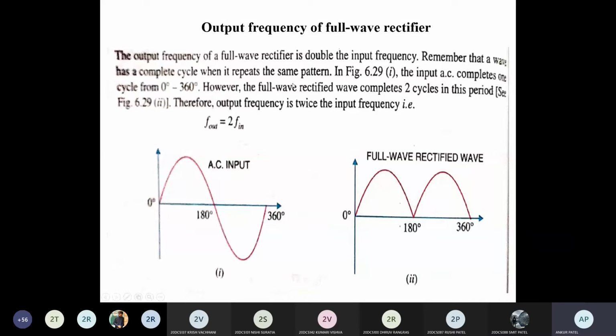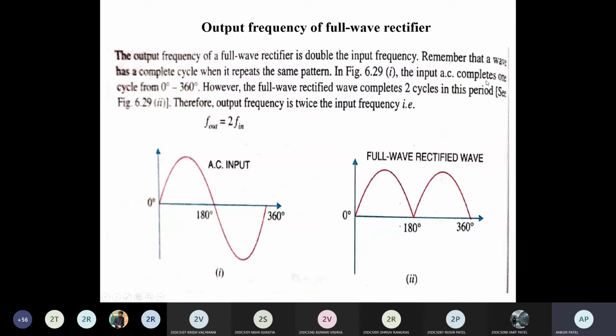So the output frequency of the full wave rectifier is double the input frequency. Why? Because the waveform repeats. Okay. So remember, we know a wave has a complete cycle when it repeats the same pattern.